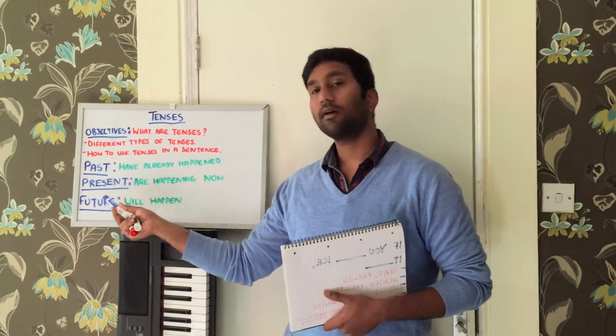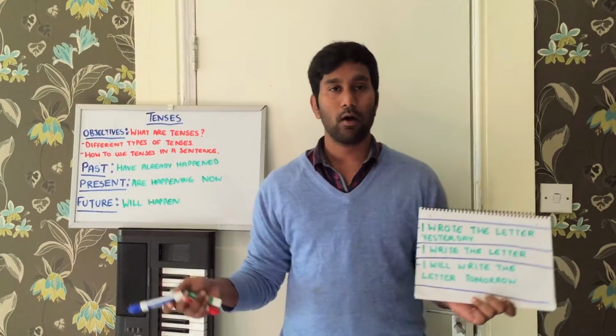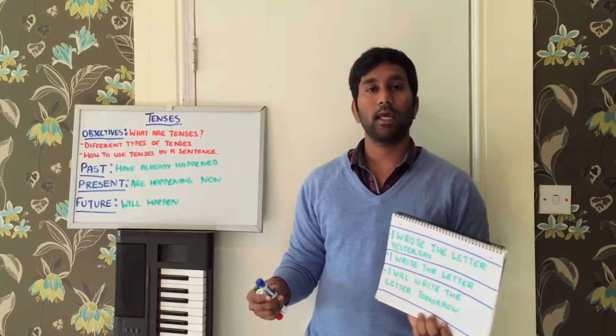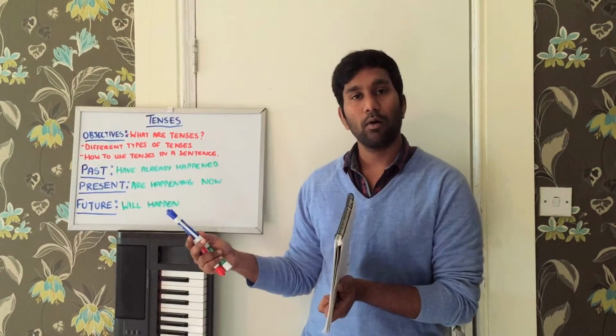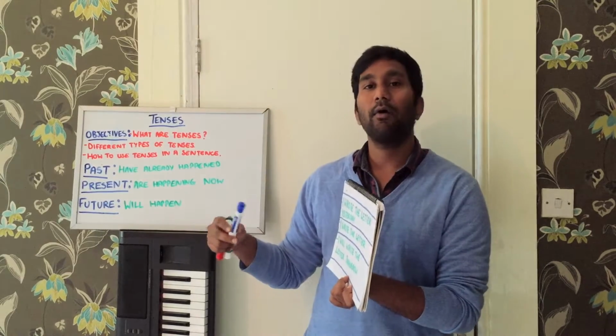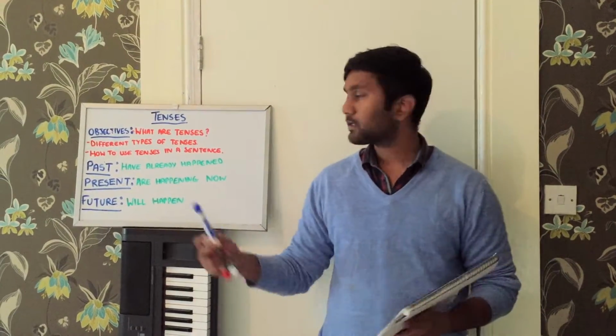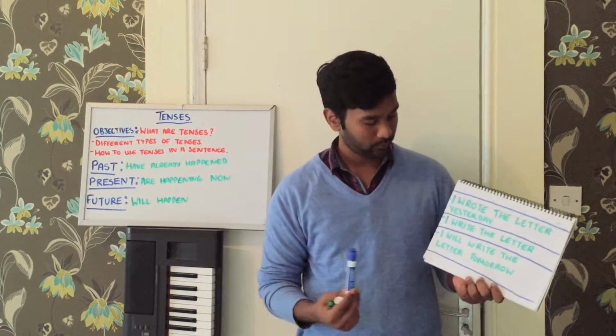And let's move on to the future tense. So as you already know, future is anything which will happen tomorrow or anytime, anything which is not today, is considered as future tense. And let's take an example.